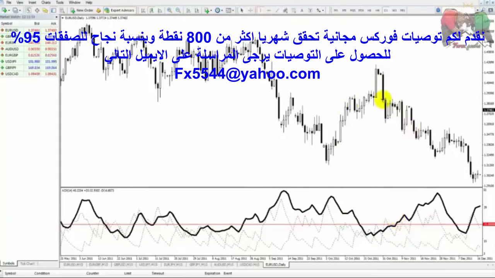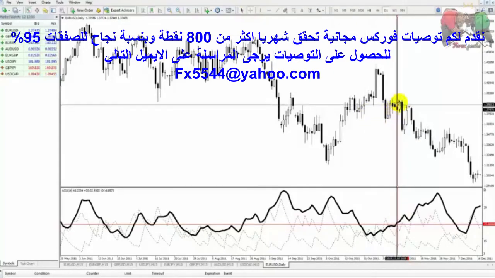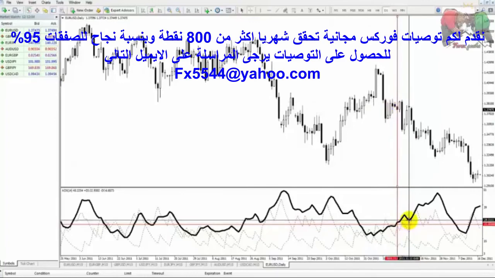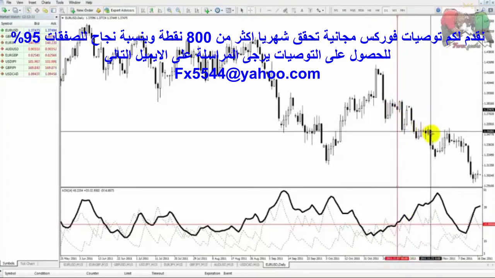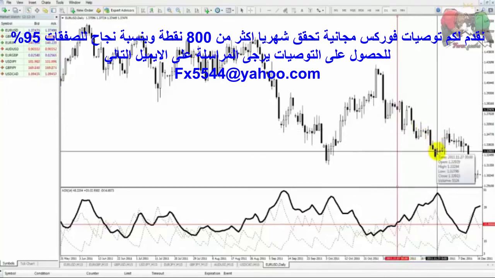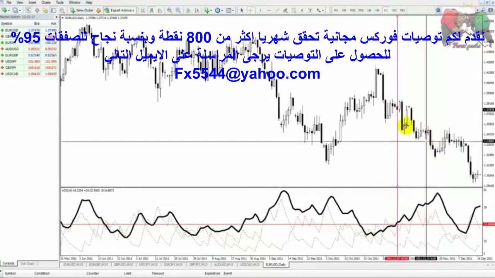So if I use the same tool, the point of the crossover is round about here. So the ADX indicator would have got us into the trend round about this point. And if I do the same thing with my cursor, I start here, you follow the ADX indicator, and the further down I go, the stronger the ADX indicator is, which means the stronger the downtrend is.